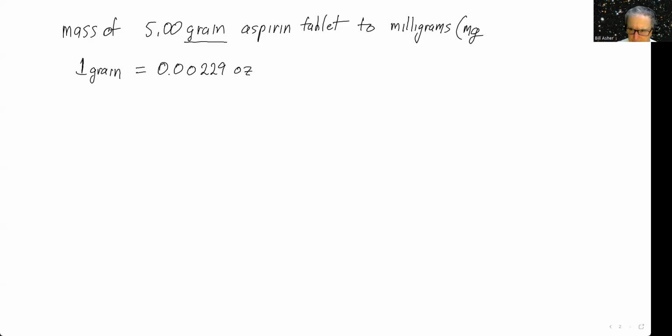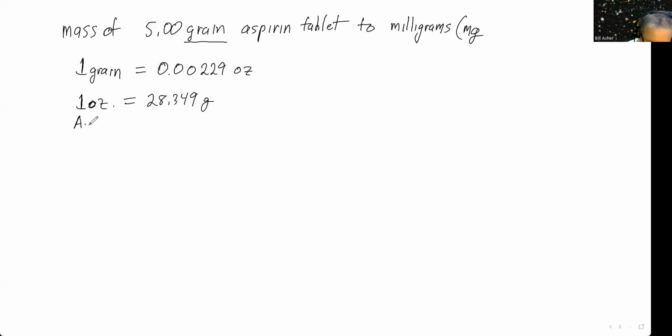Yeah, here we go. And 1 ounce is equal to 28.349 grams. And this is ounce OZ avoirdupois.